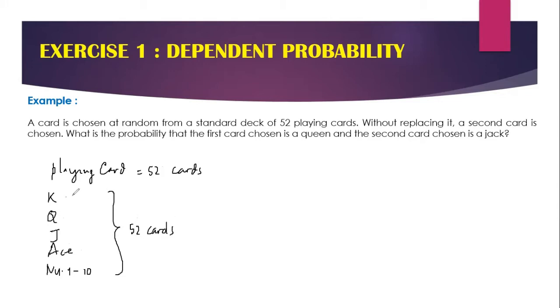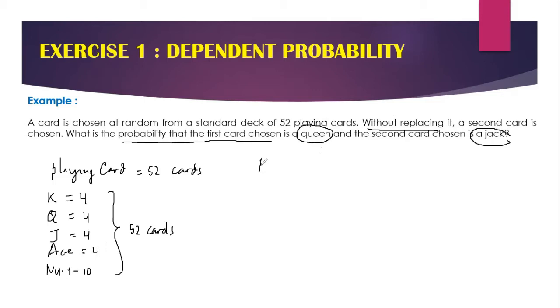Right? King consists of 4 cards, queen 4 cards, jack 4 cards, and ace 4 cards. The question is the probability that the first card chosen is queen and the second card is jack without replacing it. This case is without replacing, right?